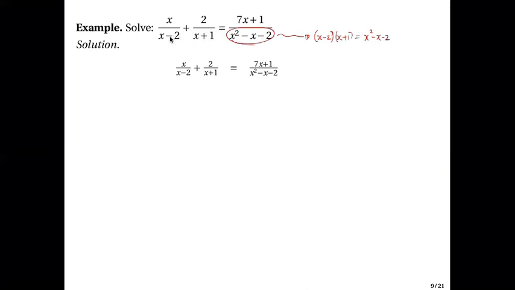And then here you have x minus 2, here you have your x plus 1. So basically, the least common denominator is just x minus 2 times x plus 1. So remember your LCM method. So anyway, we just multiply the left-hand side and the right-hand side by x squared minus x minus 2, or this x minus 2 times x plus 1.